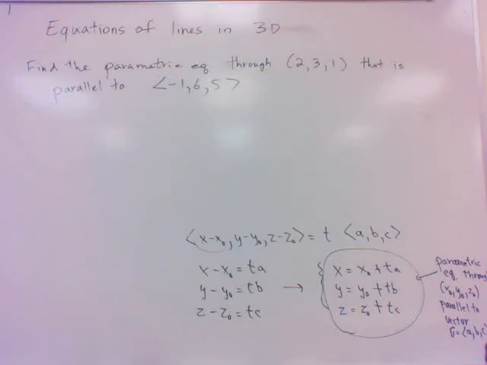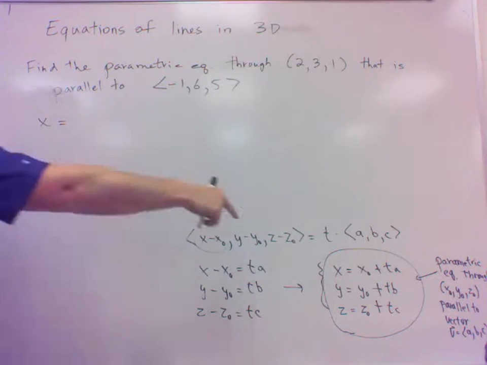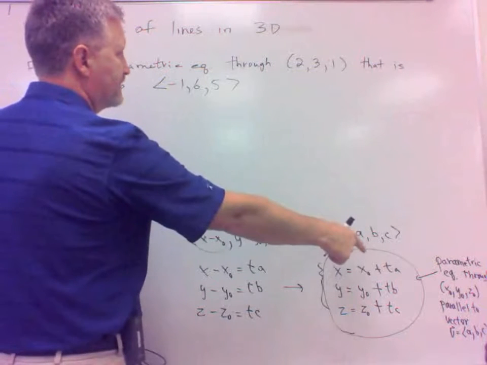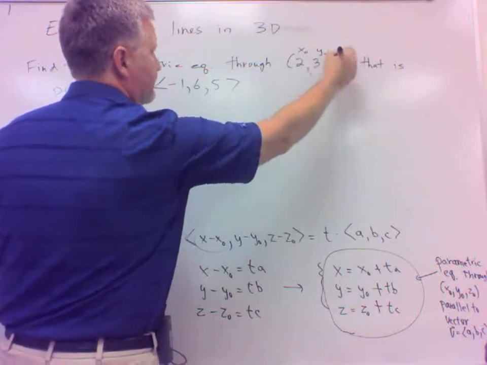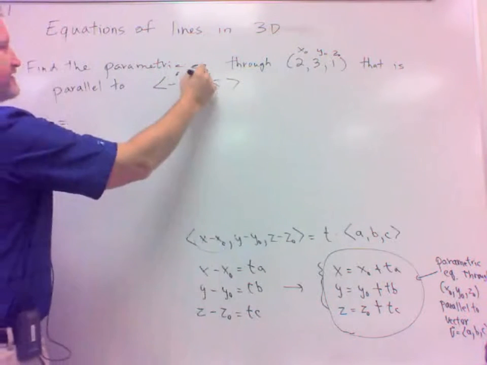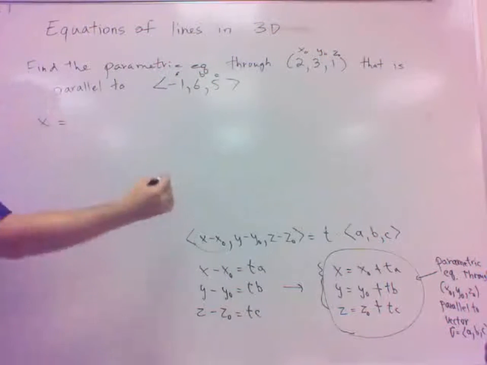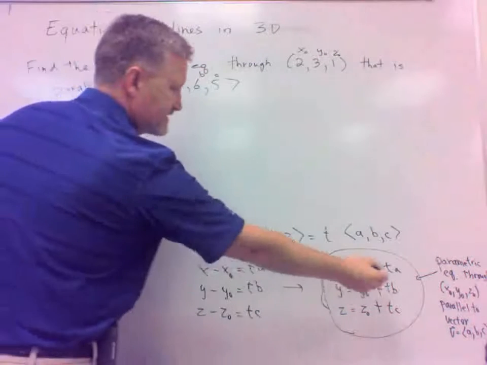And the parametric equation through 2, 3, 1 that is parallel to that vector, well, it's just a matter of writing those down. x is x0 plus t times a. So this is x0, y0, z0, the point we're going through, and this is a, b, c. So x is x0 plus ta.